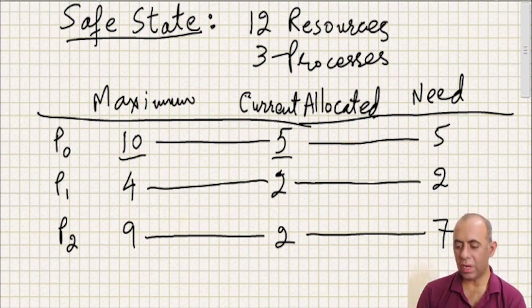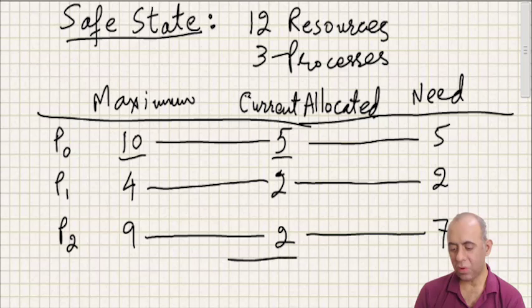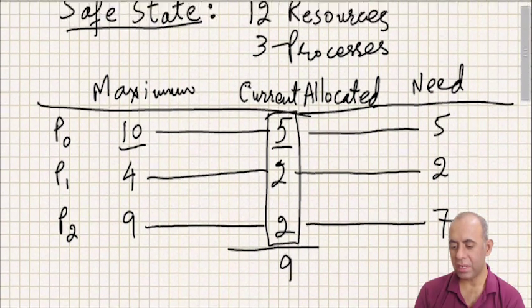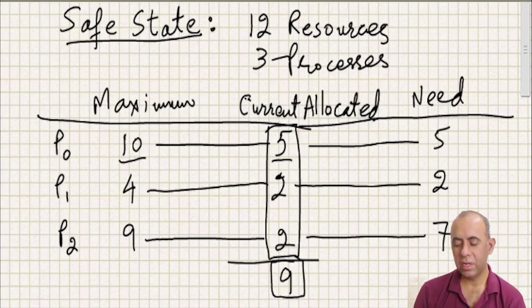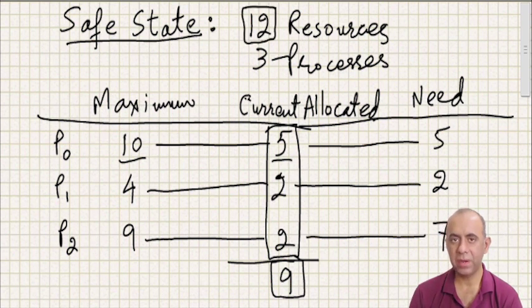How many resources right now are available? We add up all of these: 5 plus 2 is 7, plus 2 is 9. So currently we have 9 resources which are allocated to the processes, while the total number of resources is 12, right?